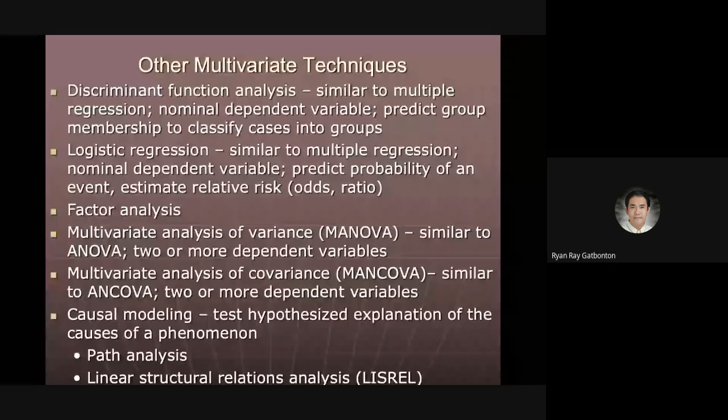Meron din tayong tinatawag na factor analysis, multivariate analysis of variance, causal modeling, yung linear structural relations analysis or your LISREL, okay? Where you try to predict a linear structure or a linear relation, okay?